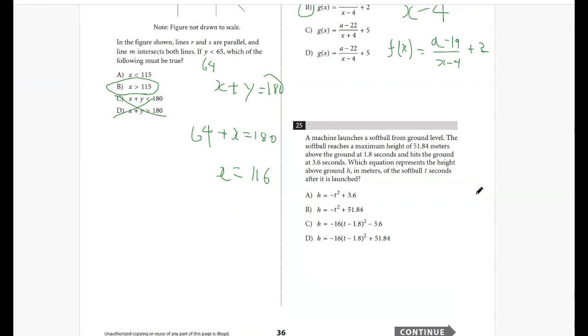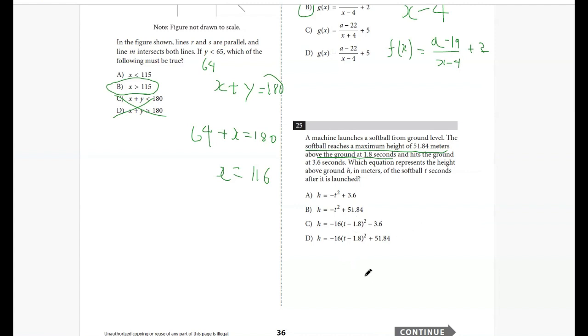If I plug in 3.6 as t, then my h has to equal 0. Also, the softball reaches a maximum height of 51.84 meters at 1.8 seconds, so if I put 1.8, the h value has to be 51.84.